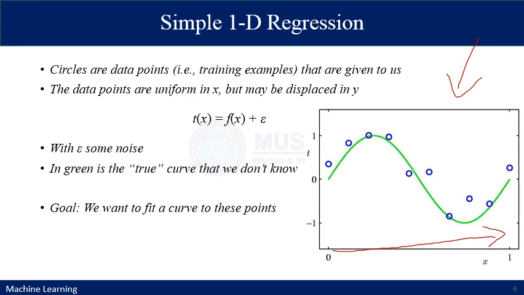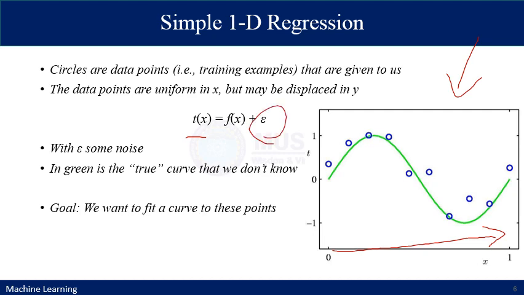We have used t and y interchangeably for the output prediction. In this case, we use the output prediction as a function t of x, which is some function f of x of the input feature vector, plus some error.